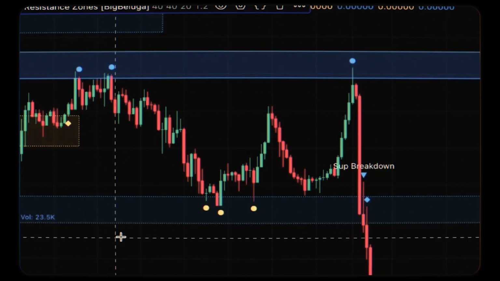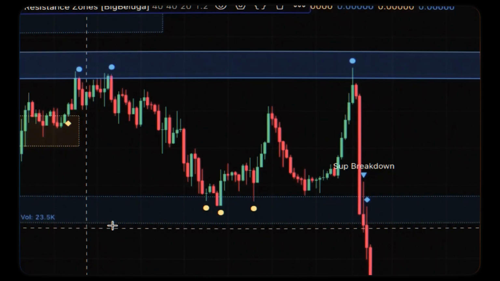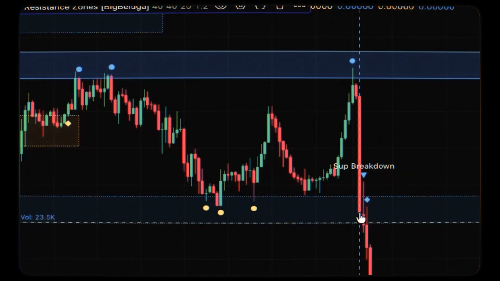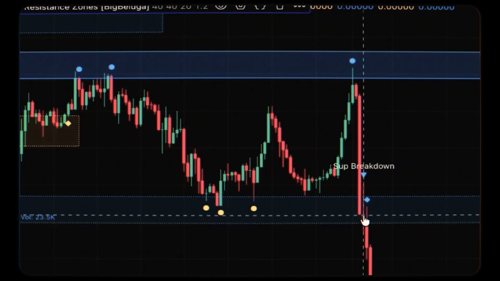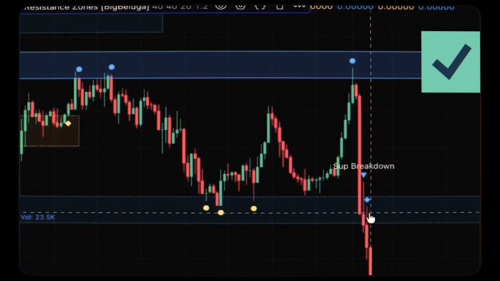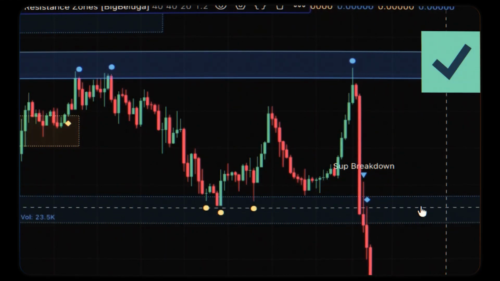Another example here, you can see that the indicator identified a support level, but if you remember, I said support zones are shown by orange color. But please pay attention that this support level is broken here, and because of this, the indicator changed the color to blue. As you know, a broken support level changes role and becomes a resistance level, and the excellent feature of this indicator is that it automatically changes the color when a level is broken.